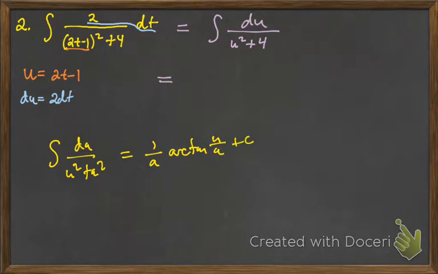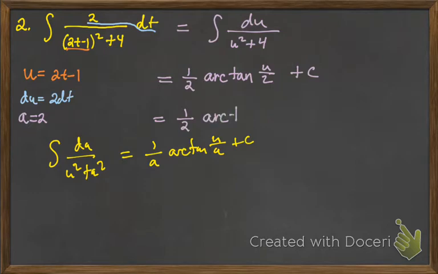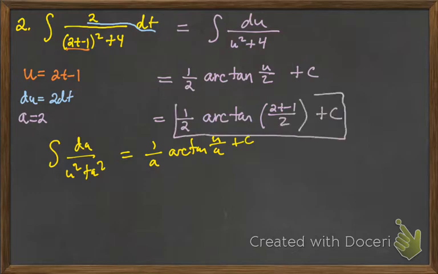And so in this case, our a is going to be 2. Okay. So we have 1/2 arctan of u over a plus c. So that's going to be 1/2 arctan of u is 2t minus 1 all over 2, and then plus c. Okay. And that's it there. So again, we used some U substitution, and then it turned into something that we recognized as the arctan.